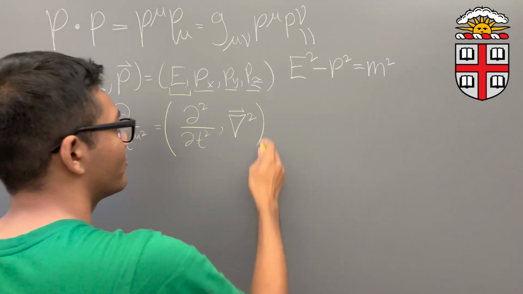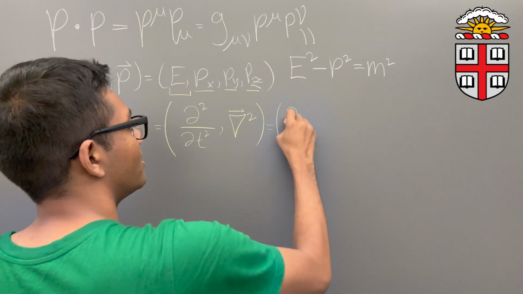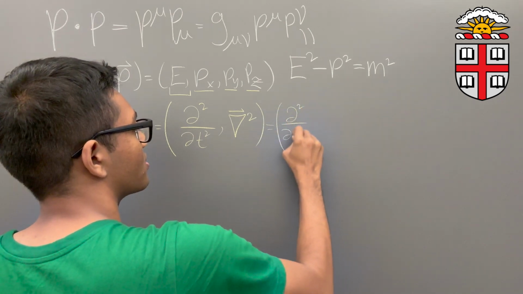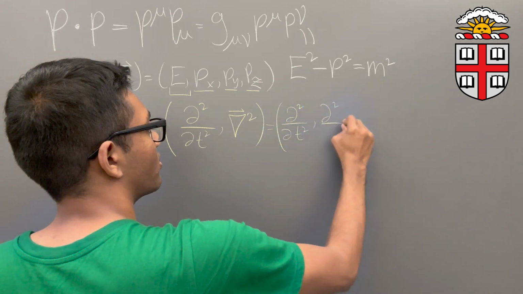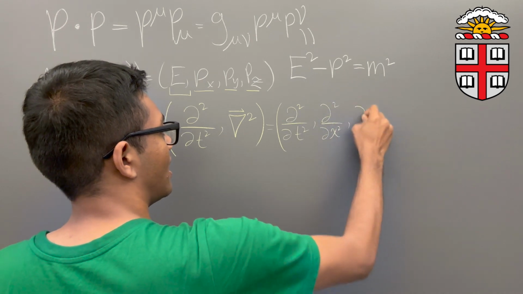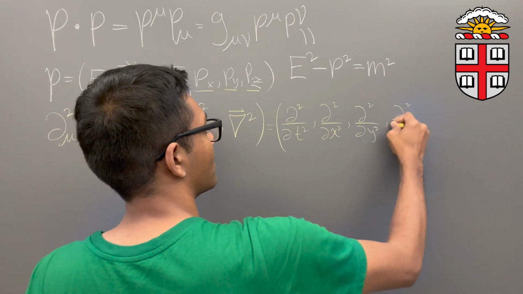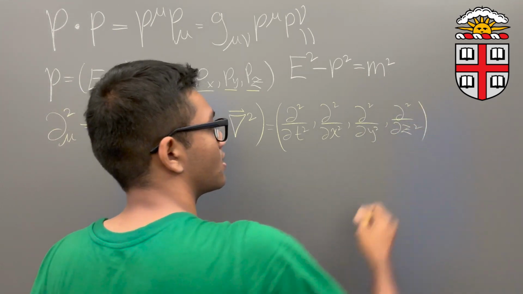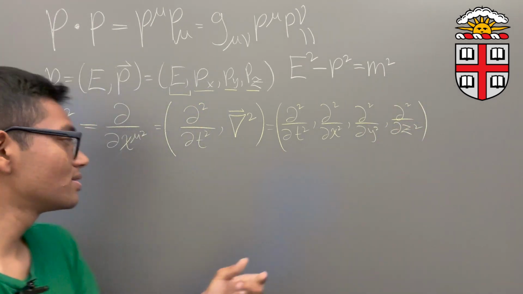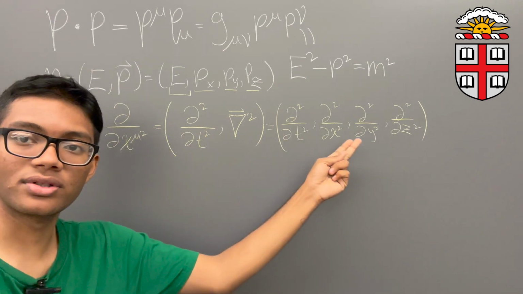Or if you'd like to expand that out, that would simply be partial t squared, partial x squared, and same for the other spatial coordinates. Okay, so that's all there is to the d'Alembertian, partial mu squared.